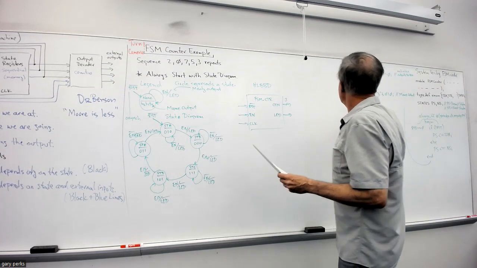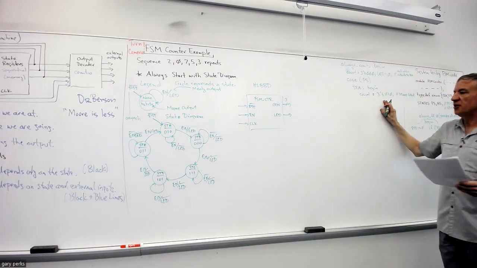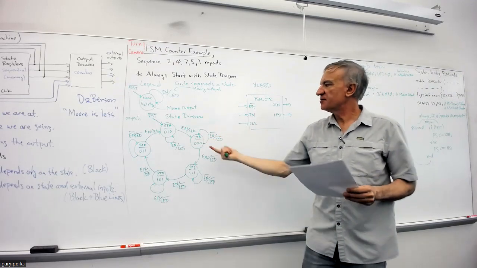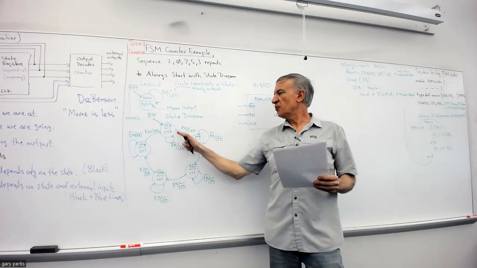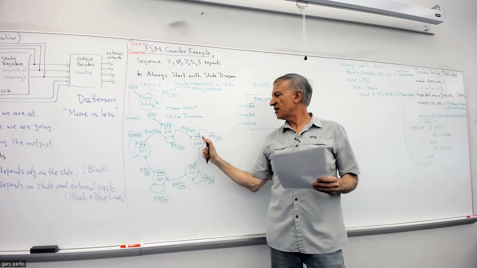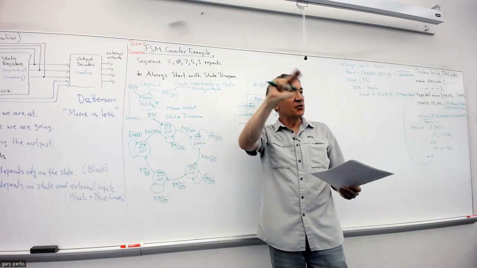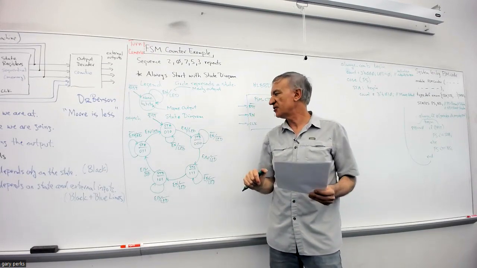So now after my Moore output, I have to put an if statement to determine whether I'm just going to stay in state A or go to state B, and that depends on enable. So I need an if statement where enable is the variable I look at.